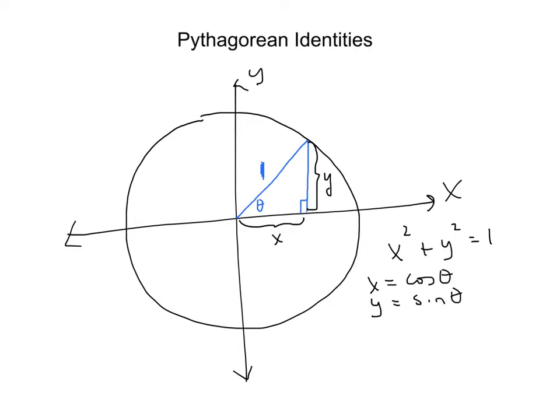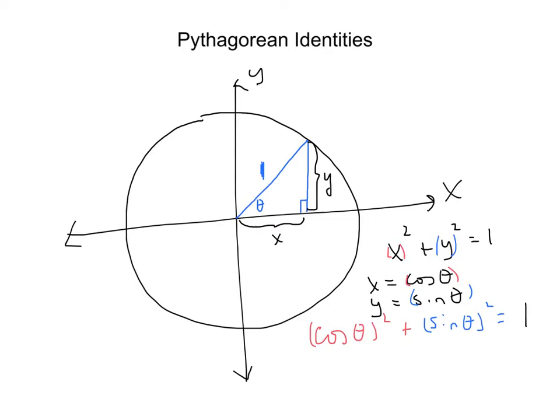And through a simple substitution, I can replace my x with cos of theta and say cosine of theta squared plus, I'm going to replace my y with the sine of theta, so I will have the sine of theta squared, and that will equal, of course, 1. 1 squared is 1.